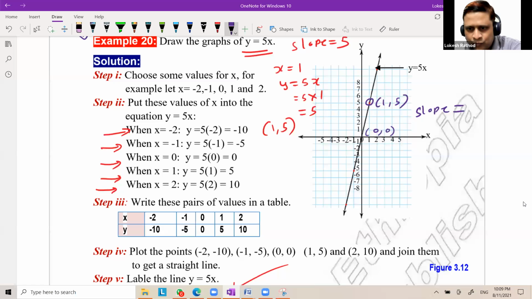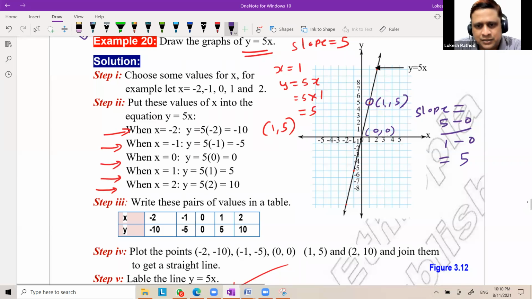Slope is equal to 5 minus 0 over 1 minus 0. Change in y coordinate divided by change in x coordinate, which is 5. What was the equation of the line? y equal to 5x. It means this 5 was the slope. Are you getting this? This 5 was slope.